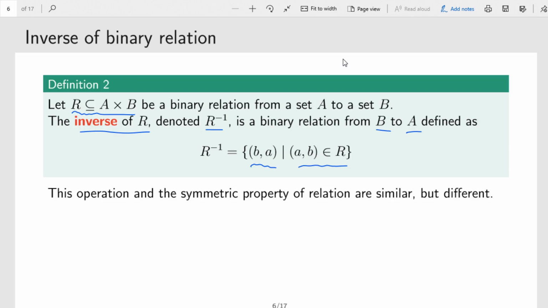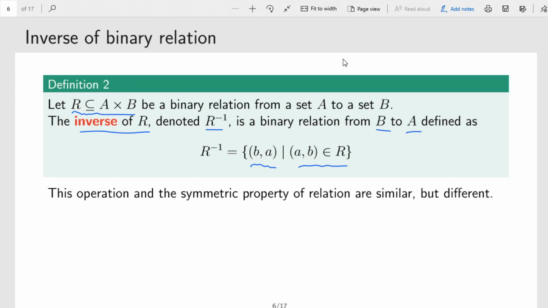Now, if you recall the definition of the symmetric property of binary relation, you see there is some similarity with the inverse operation. Inverse operations deal with the relation in the opposite direction as well. However, there is a subtle difference here. The symmetric property holds when the relation contains both (A, B) and (B, A). That is, if you have a relation from one direction, then the opposite must also be in the relation.